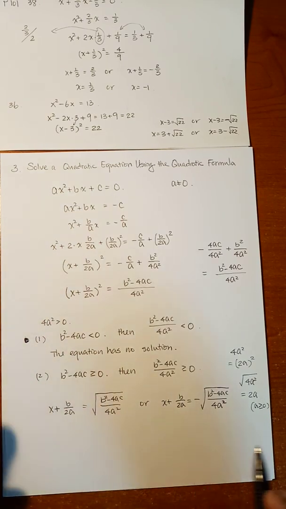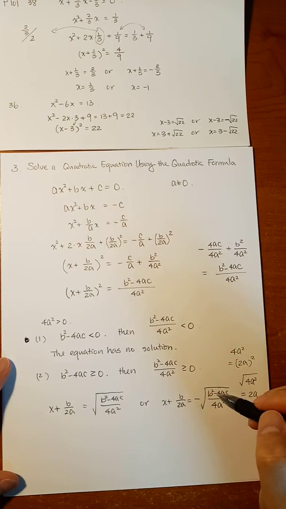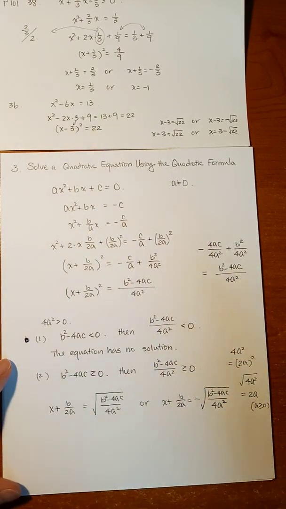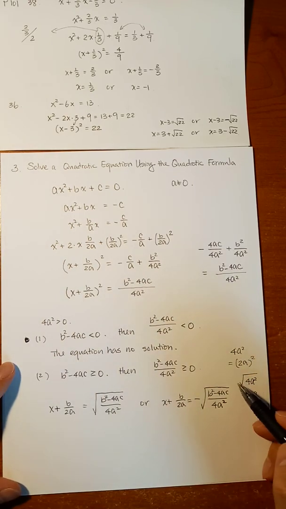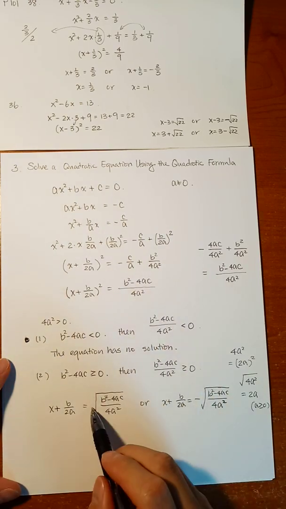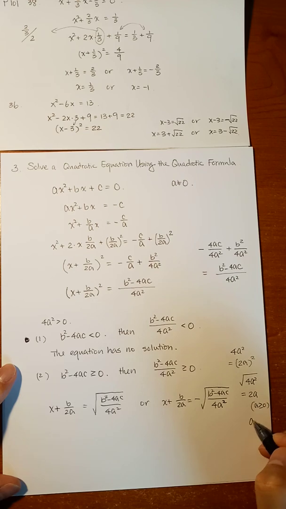You don't lose anything. So that's why in the book, they only discuss the case when a is greater than 0. In the textbook, they always assume a is positive. If a is negative, you multiply it by negative 1 and make it positive. But anyway, just be careful, there is a small issue about the sign, but eventually you will always have a plus or minus.